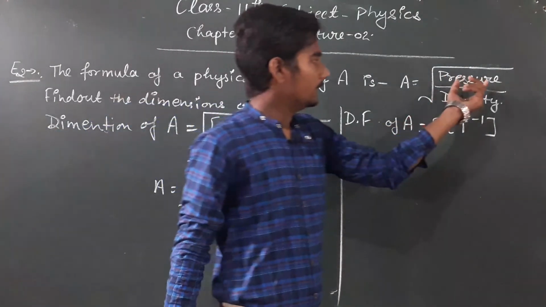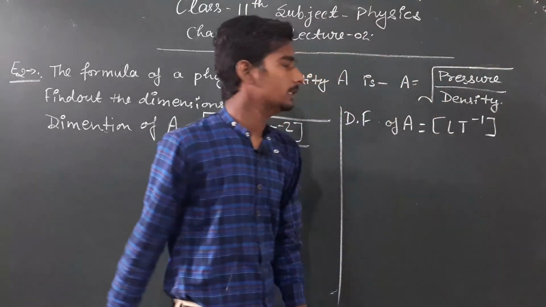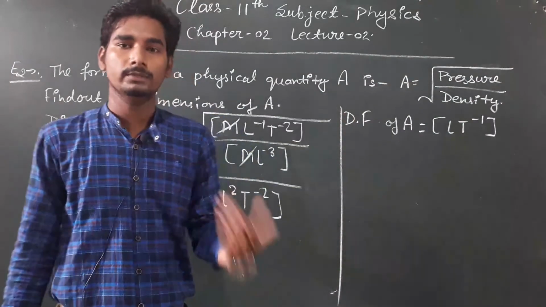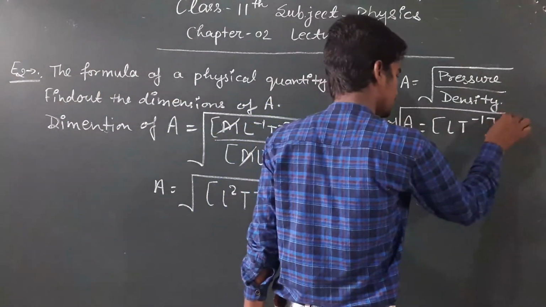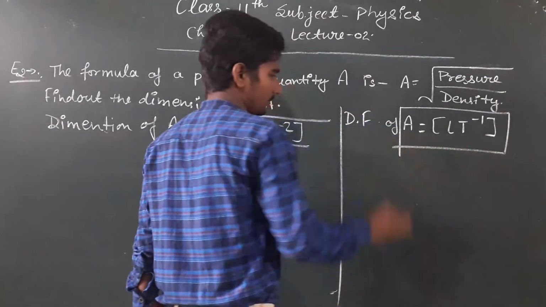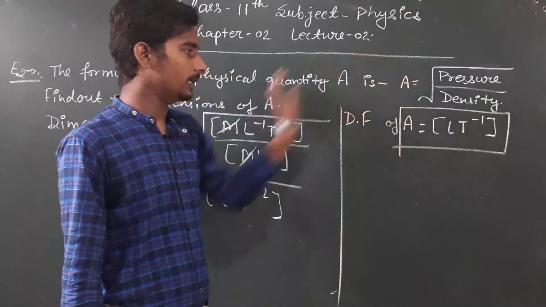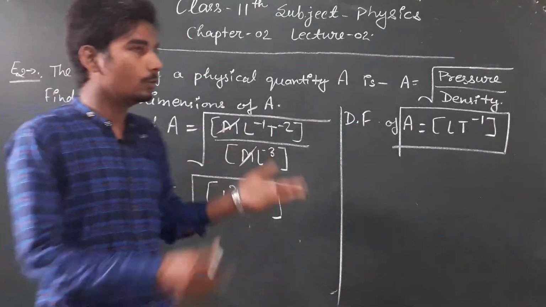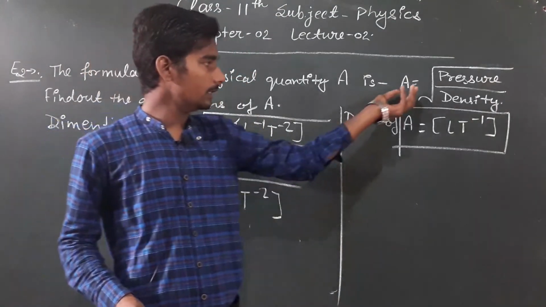If we take the square root of pressure upon density, we find the velocity of that body, and the dimensional formula becomes LT minus 1. So this is the way we can find the dimensional formula of any unknown quantity that we introduce in any equation. Got it?